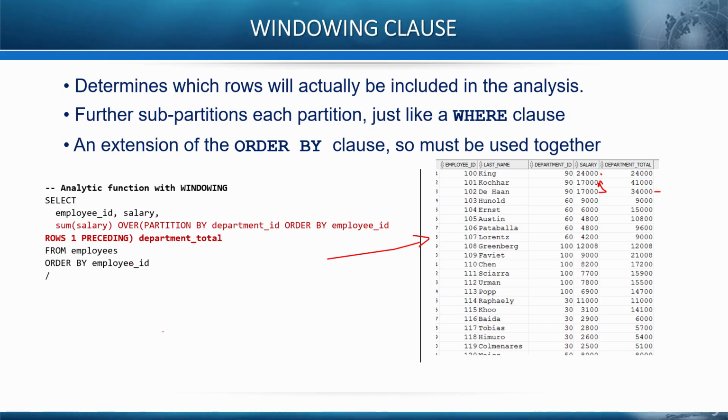So you can begin to see how the rows 1 preceding window can narrow down your data so that the analytic function is only applied to that particular chunk of data.